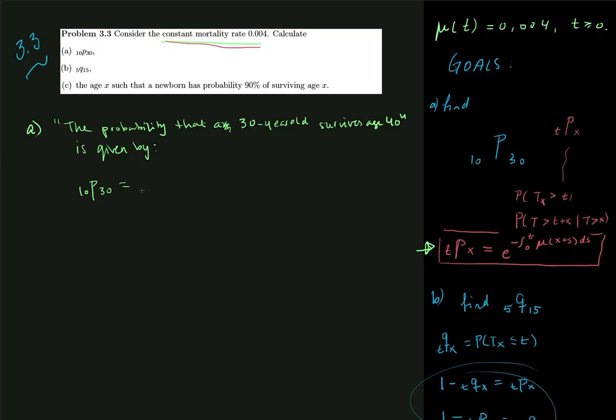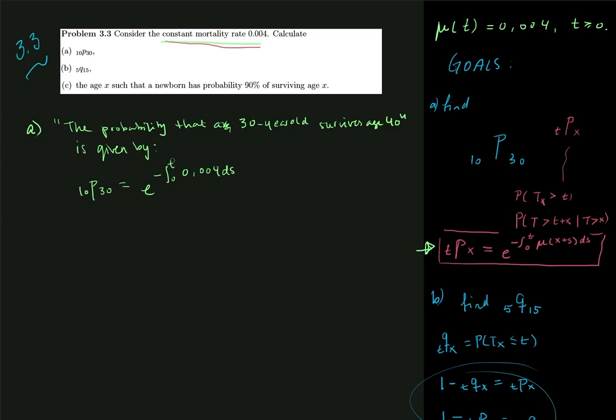So it is given by e to the minus integral from 0 to t of our intensity or mortality rate, 0.004 ds. And note, I don't need to take the 30 into account here because the mortality rate is constant no matter whatever I plug in. However, I do need to take the t up here into account, so I can't just write t up there.